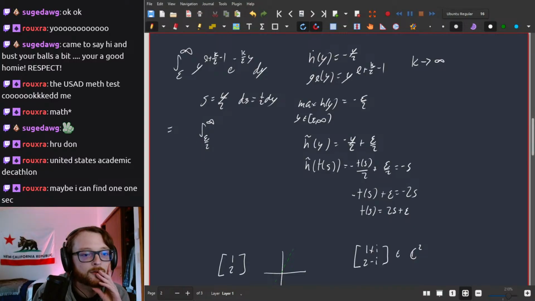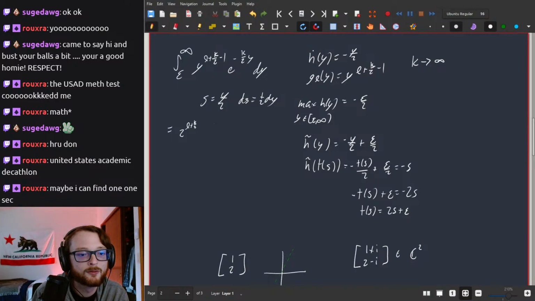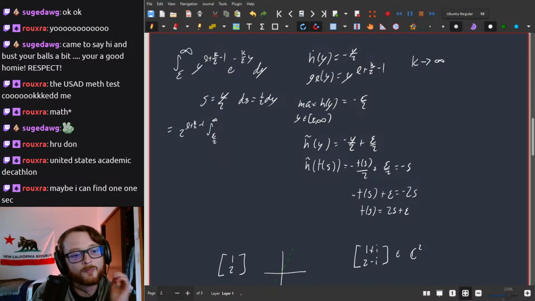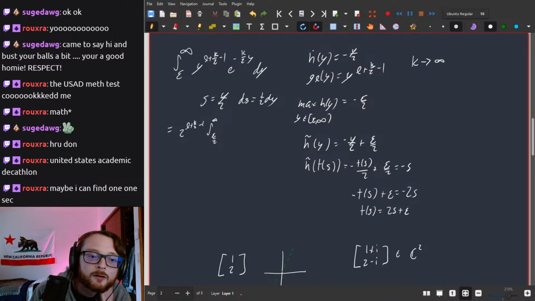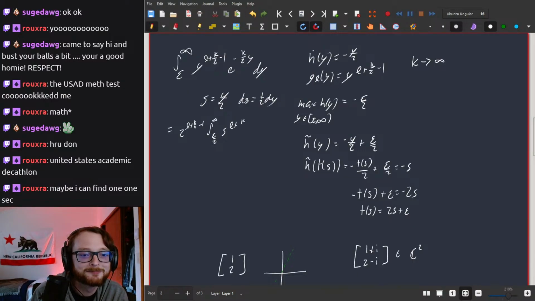That's not right. L plus k over 2 minus 1, minus ks ds. Okay.